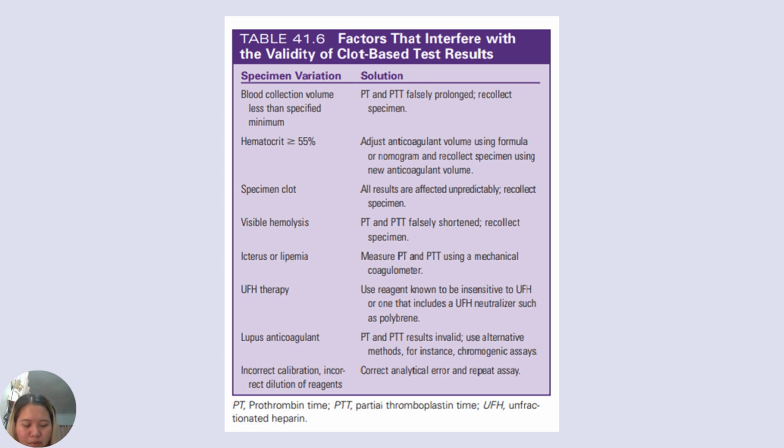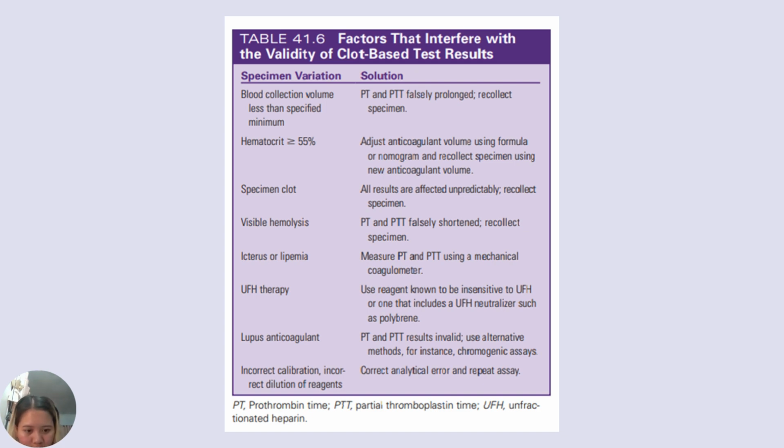Icterus or lipemia: the solution is to measure PT and PTT using a mechanical coagulometer. UFH therapy: the solution is to use a reagent known to be insensitive to UFH or one that includes a UFH neutralizer such as polybrene.